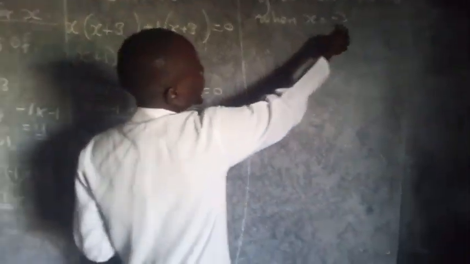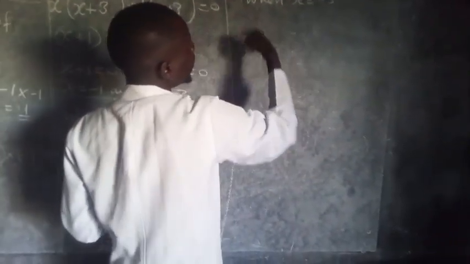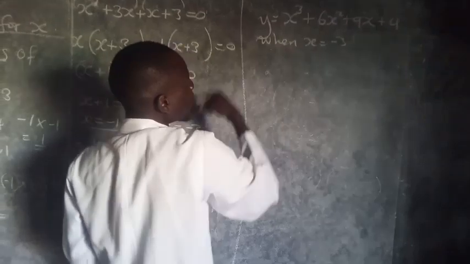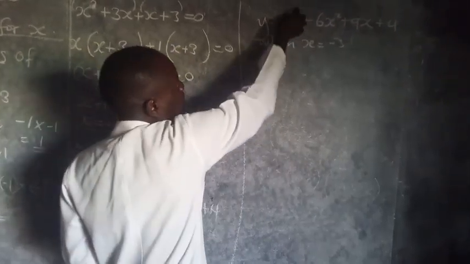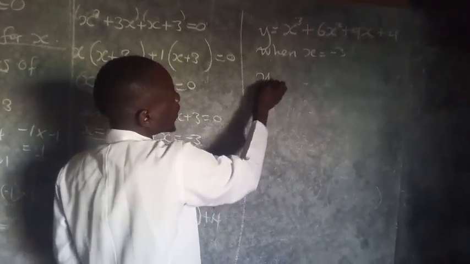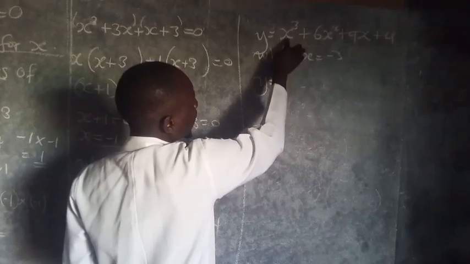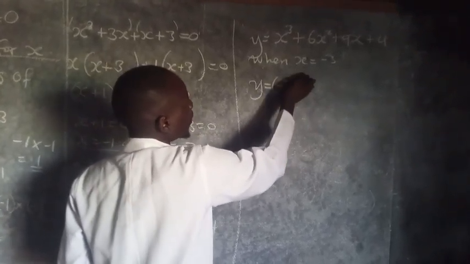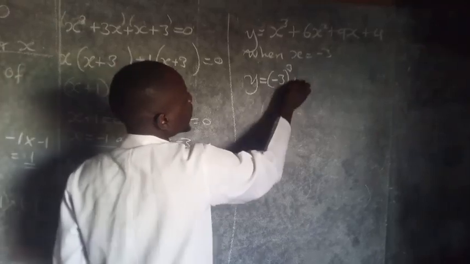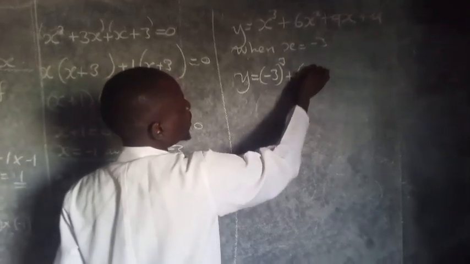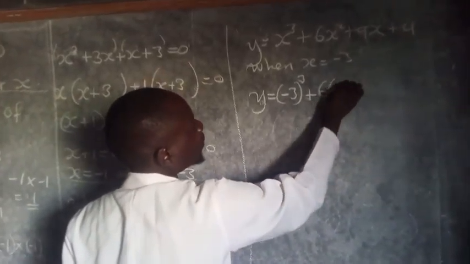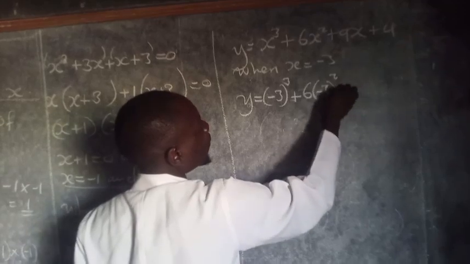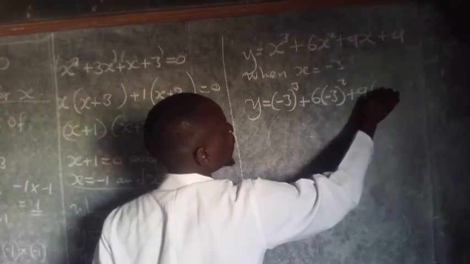So we will substitute this negative 3 into the variable x. So you say y is equals to, where there is x, we replace negative 3. So you say negative 3 in the brackets, then cubed, plus 6 open, negative 3 squared, plus 9 open, negative 3, then plus 4.